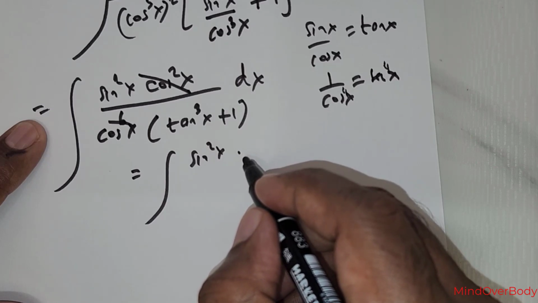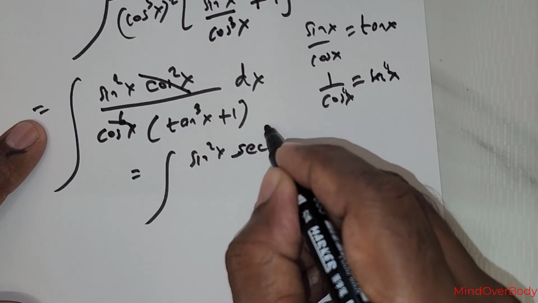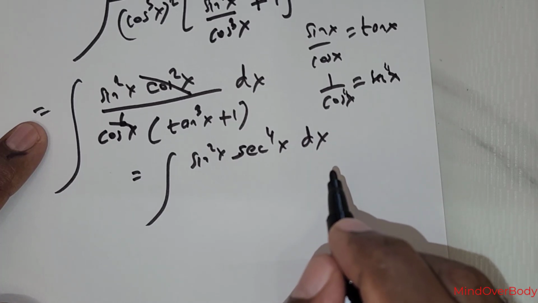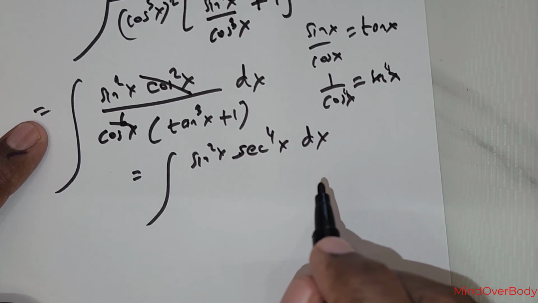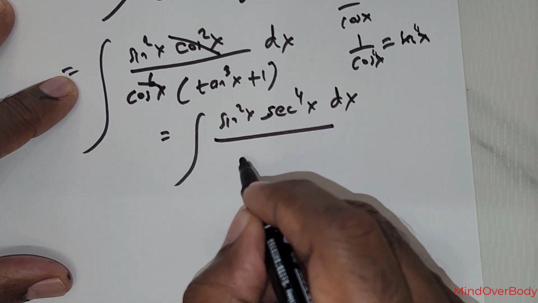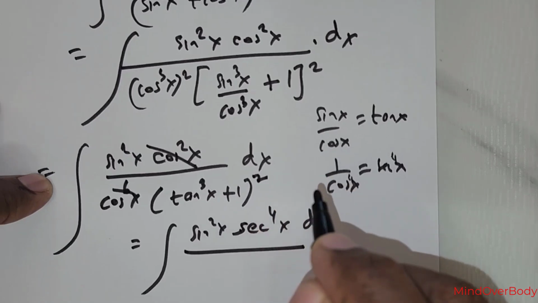So we can actually place that secant raised to the power of 4x there times the dx. Okay, so that part is done. Now what we can also do is, I will have to place this 2 there.